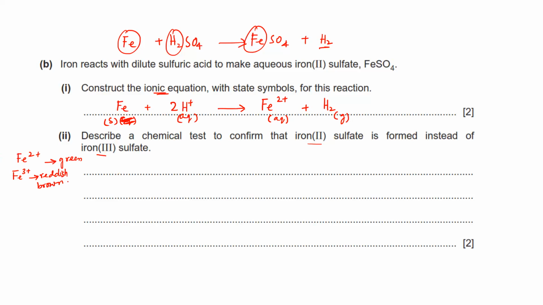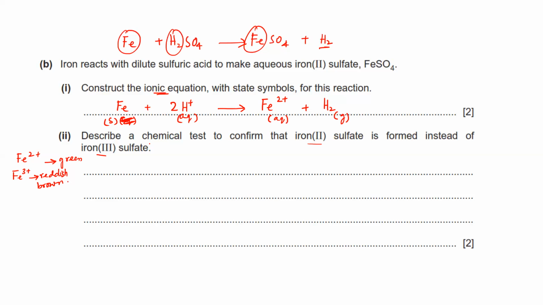So we have to basically use either sodium hydroxide or ammonium hydroxide to test that. If we add ammonium hydroxide or sodium hydroxide to the sample solution and the color of the solution turns green, it means that ferrous sulfate is there. And if the color changes to reddish brown, it means that iron 3 sulfate is there.